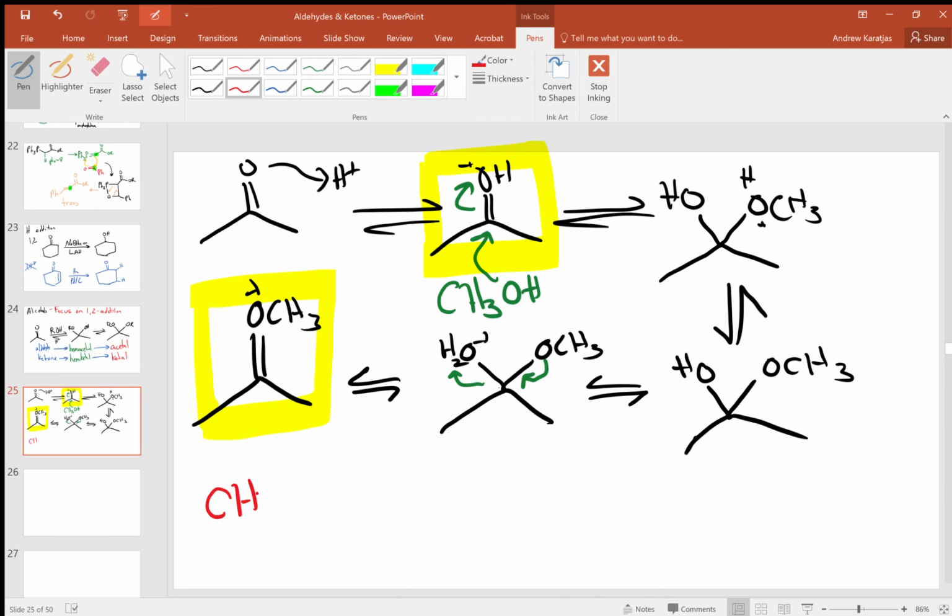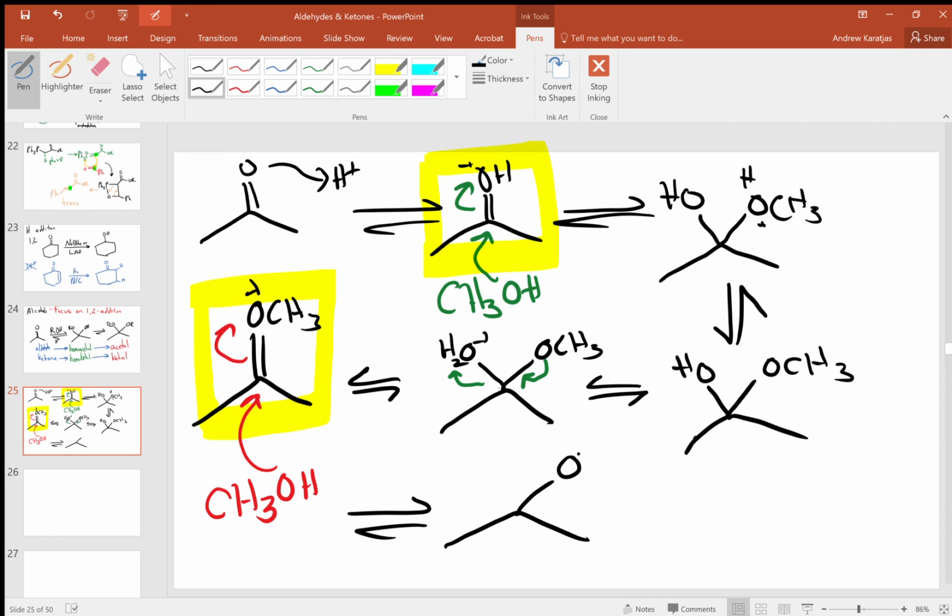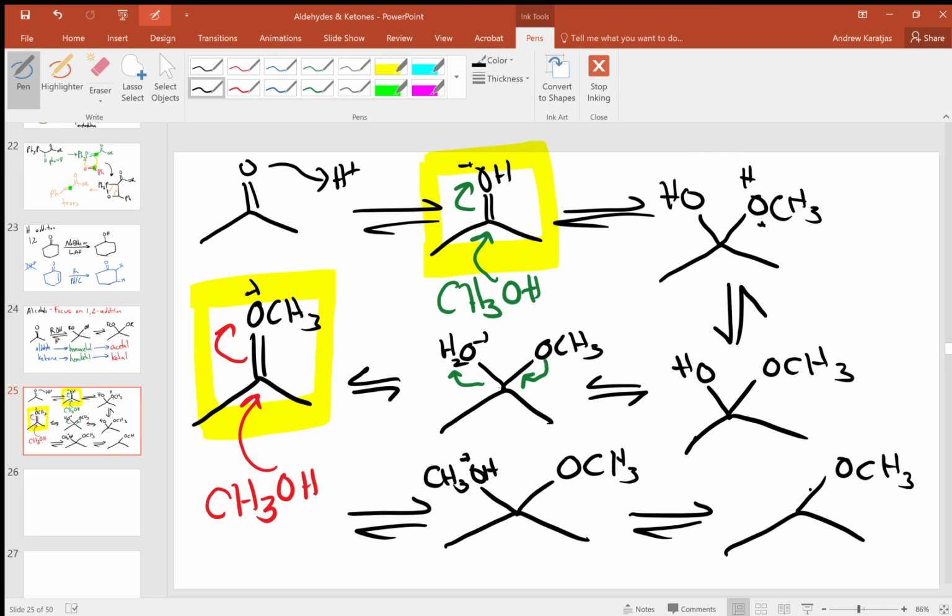So now a second molecule of the alcohol can attack. Electrons move up onto oxygen. That gives us that intermediate, which then loses a proton to get to the product.